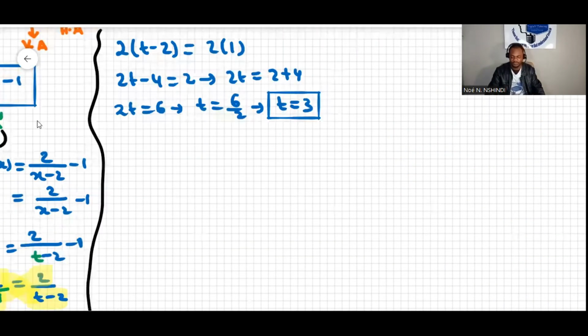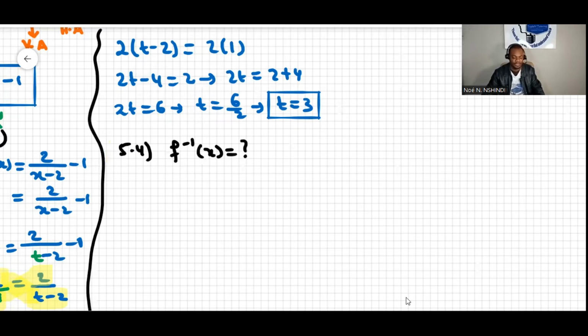I'm going to write the question here, 5.4. We're looking for f minus 1. Now, f of x was given by y equal to log of x base 3.